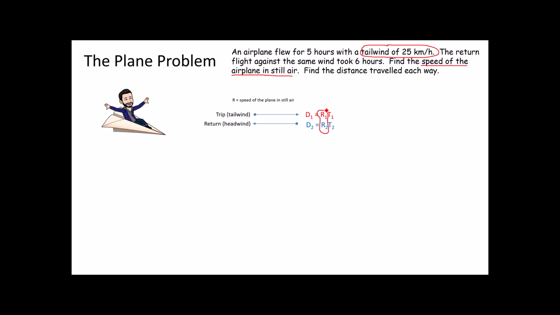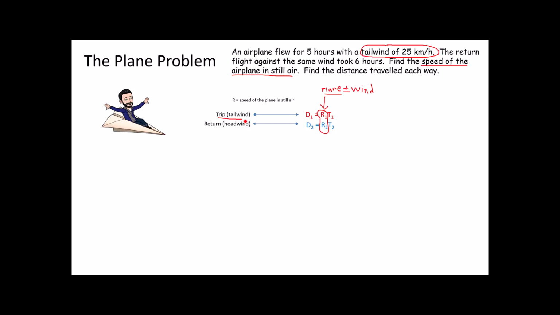You see, my speed here is my plane speed. Is my plane speed affected by the wind? Now, whether the wind is helping or hurting depends on which direction I'm going. It could increase my speed or it could decrease my speed.